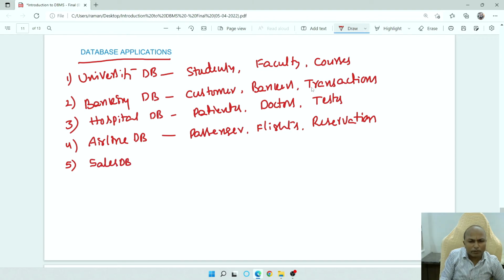Sales database has a customer table, a products table, and another table meant for purchase.